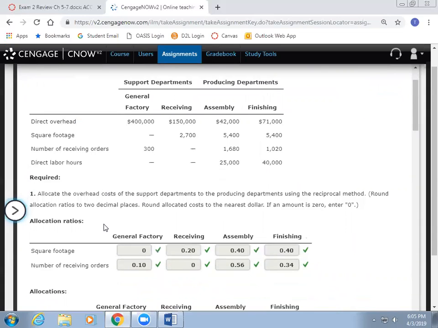So on that one, were you having difficulties coming up with the allocation ratios or the actual? It was the allocation ratios. Okay, I have all the ratios.